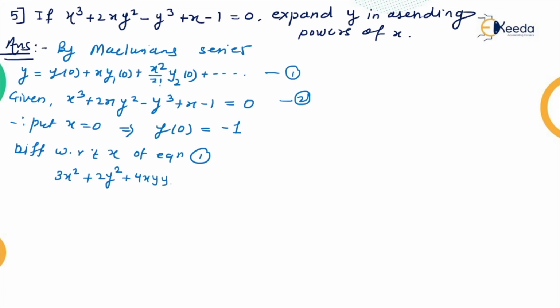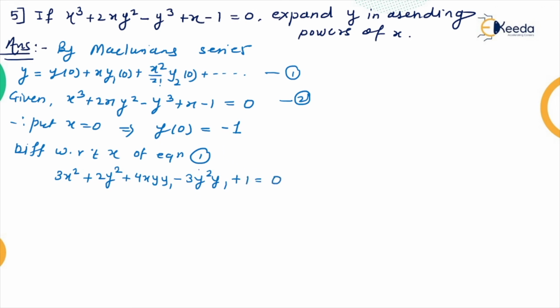For 4xy y1 we have to use the product rule, u into v: the derivative of the first, with the second as it is, and the second's derivative, with the first as it is. Then minus 3y squared y1, and plus y is equal to 0.